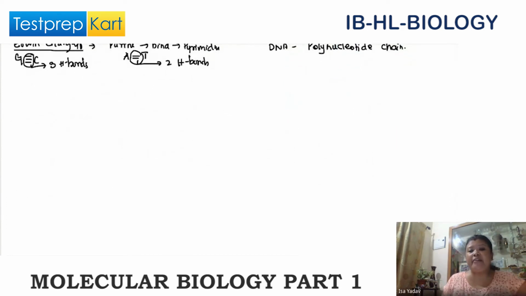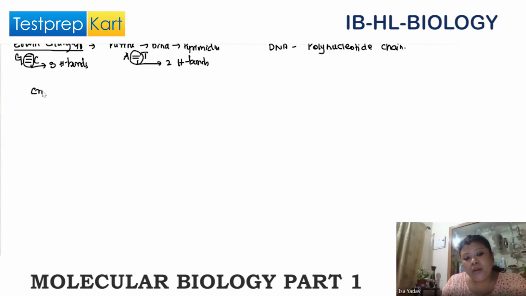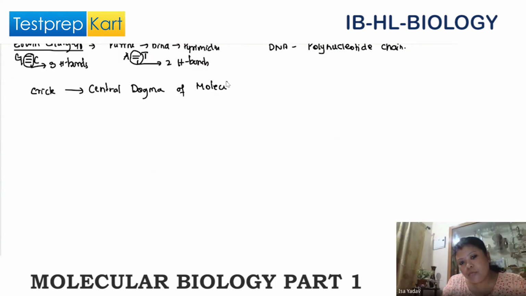Now we have to see DNA replication. Before we start DNA replication, you need to clearly understand one very important fact. This was given by Crick. Crick gave an explanation. We call it the central dogma of molecular biology.